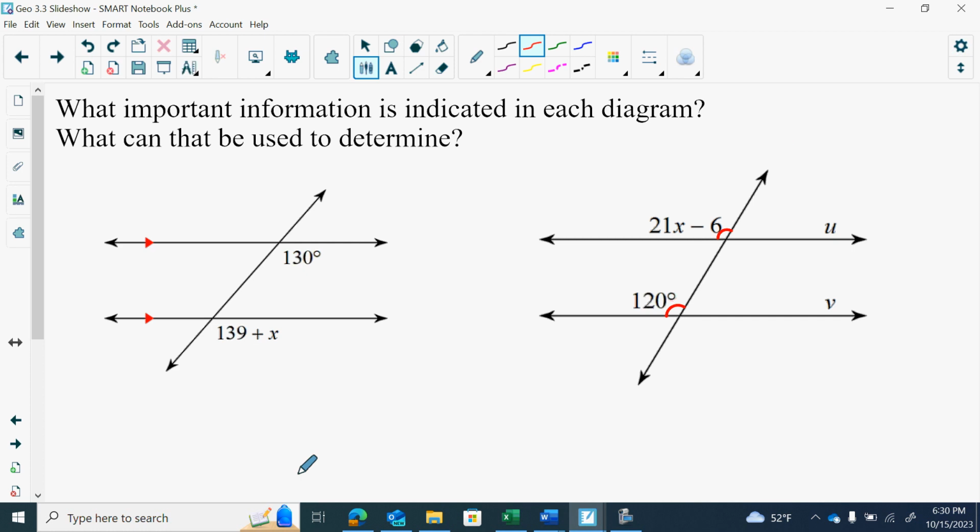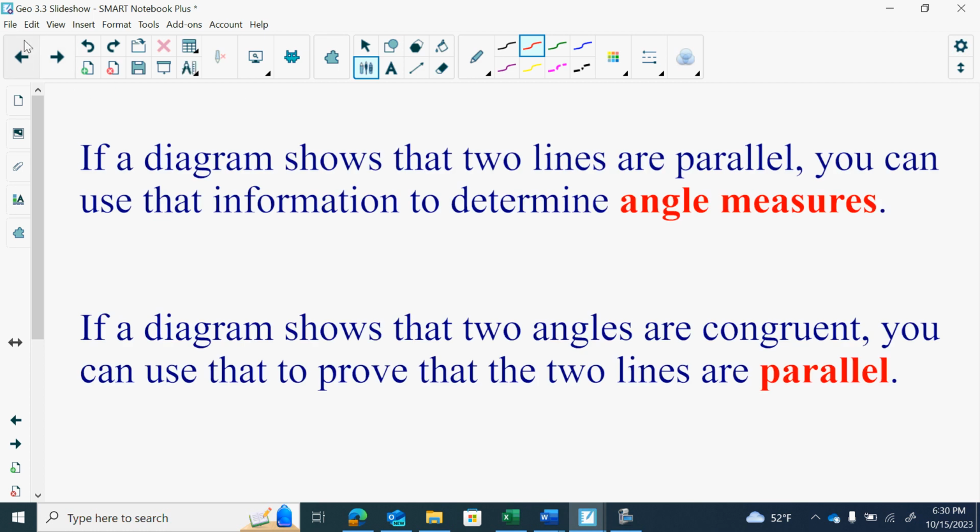What can that be used to determine? In this case, on the left, we are given two parallel lines because of these two figures. Since those two lines are parallel, we can use that information to determine angle measures.